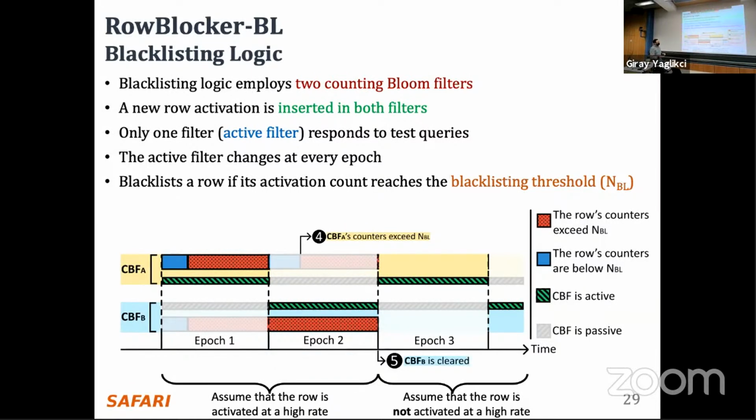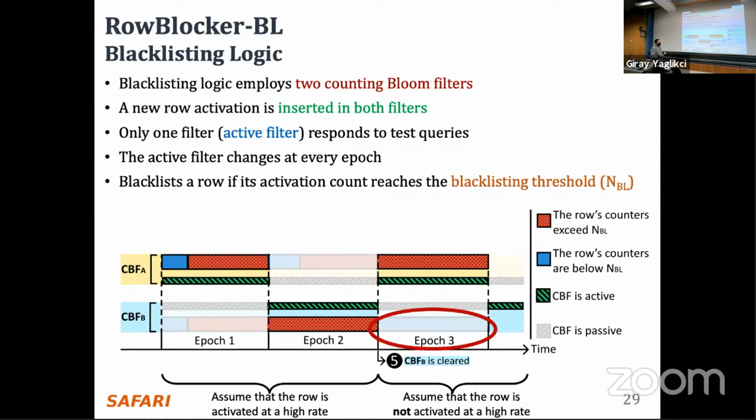Let's move to timestamp 5. At the end of epoch 2, we clear CBFB as well, so we reset all the counters to 0, and now we switch back to CBFA. CBFA keeps blacklisting the row again, because its counters exceeded NBL at timestamp 4.